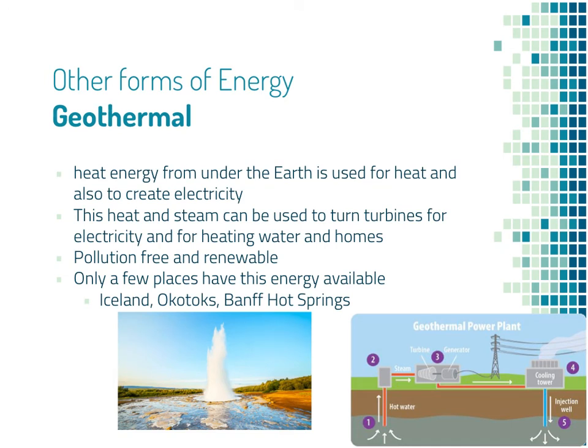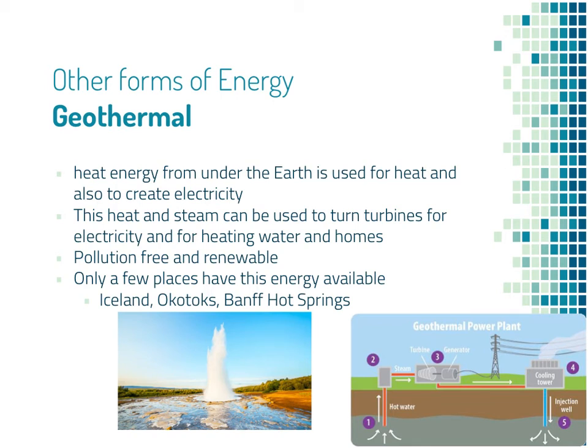Geothermal energy. Heat energy from under the earth is used to heat our homes, but also to create electricity. So this heat and steam can be used to turn turbines again for electricity and for heating water in homes. It is pollution-free and renewable, but only a few places have energy like this available. So in Iceland, there's a little bit of this in Okotoks, the Banff Hot Springs.